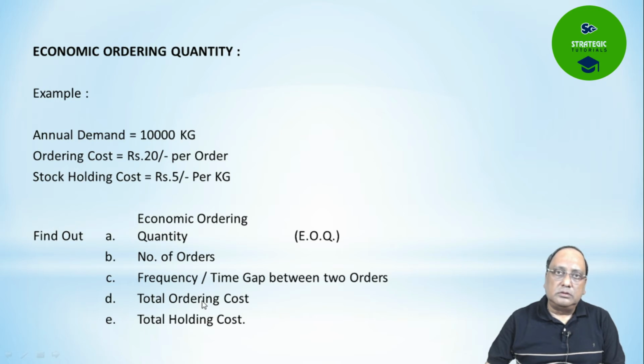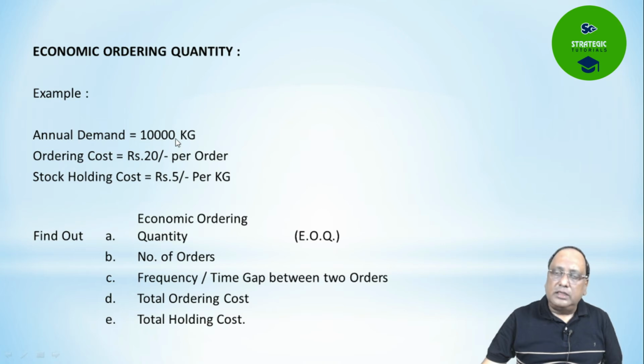Now I am coming to the most important part, economic ordering quantity. Already I have described what is economic ordering quantity. So the basic requirements are annual demand, that is, what is your annual demand of a certain product, ordering cost per order, and stock holding cost or stock carrying cost, whatever it may be.